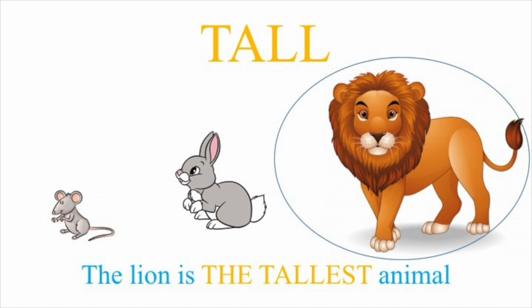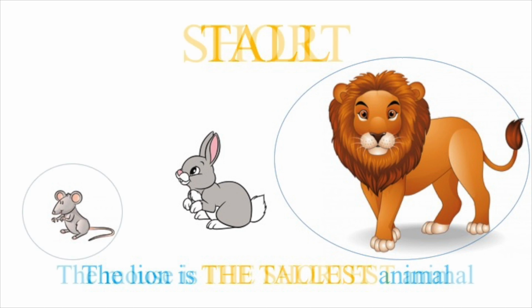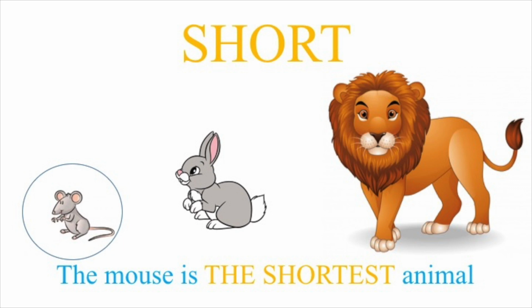The lion is the tallest animal. Short. The mouse is the shortest animal. Excellent. You notice for superlatives, we add EST to the adjective to create the superlative.